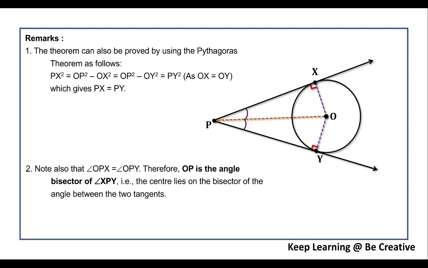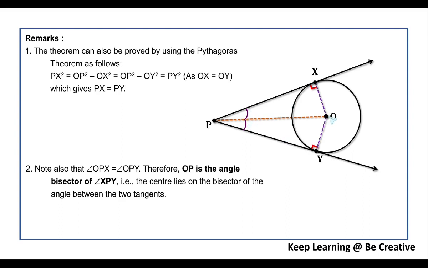Also, we can prove that angle OPX will be equal to angle OPY, which is again an important result. Here by CPCT we can prove that these two angles are equal to each other.